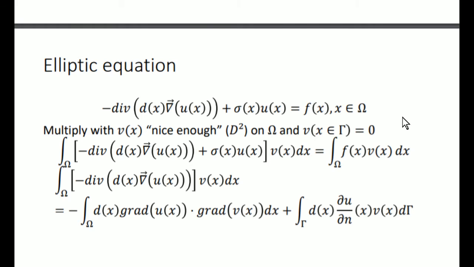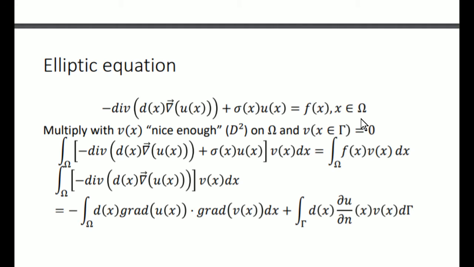And v on the boundary should be equal to 0. So we have this equation, we multiply by v of x, and we integrate over omega. So this holds. Now we'll use an identity. I think it's called Green's identity. Yeah, something like that.